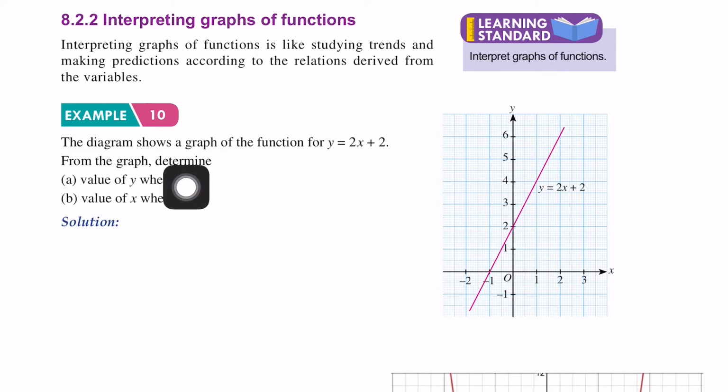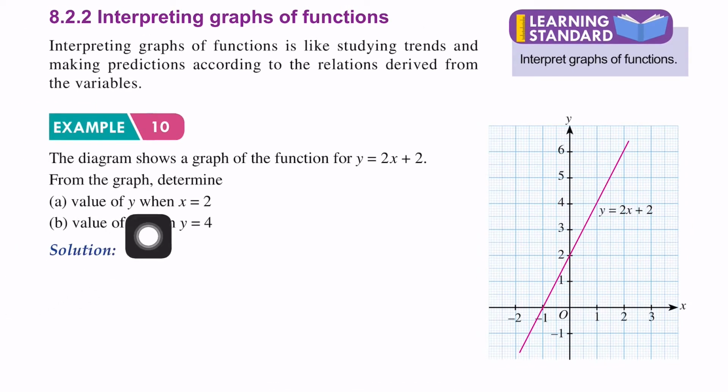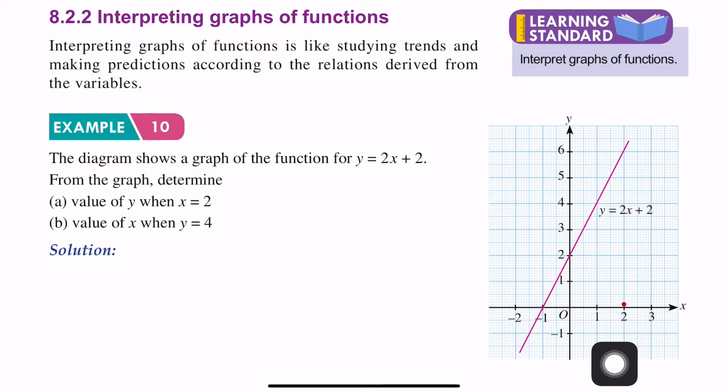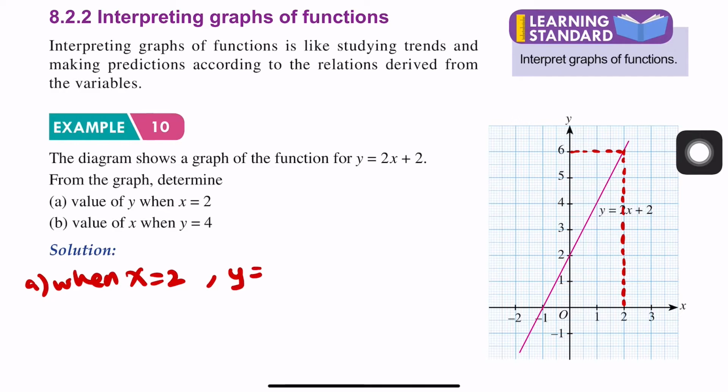From the graph, determine the value of y when x equals 2. So when x equals 2, what you need to do is make a dotted line like this until you reach the line, and then bring it to the y-axis. So y is equal to 6.